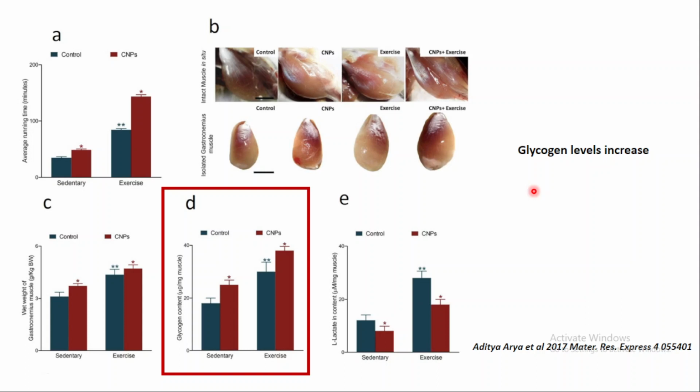Is the explanation clear to the students? I hope you were able to understand how ceria nanoparticles are helping in these mice models, and what different types of conclusions we can derive from this experiment. I hope it is clear to the students.